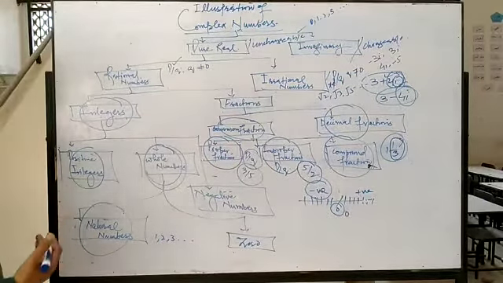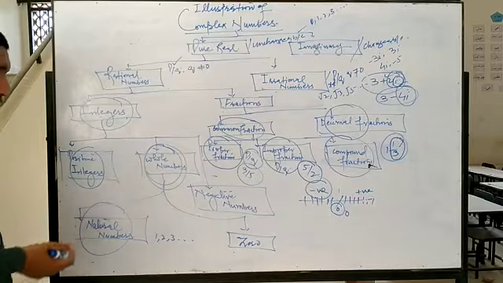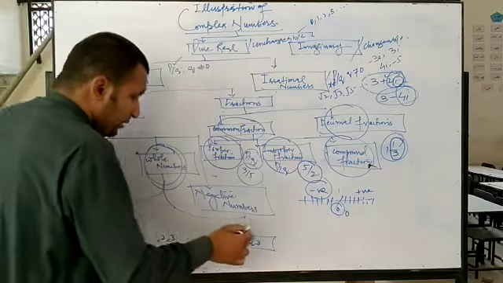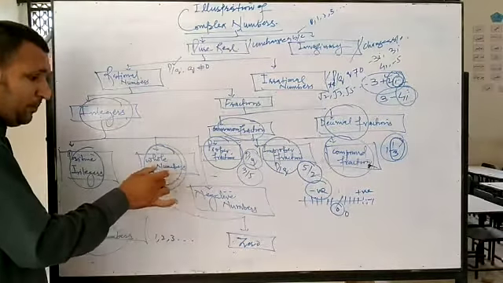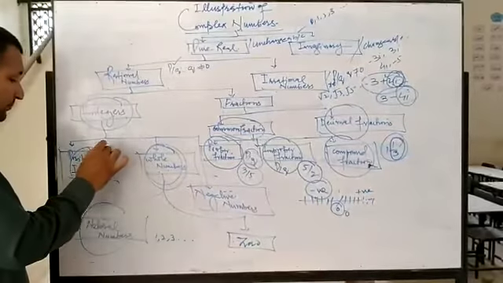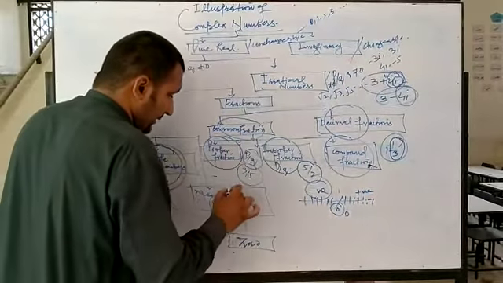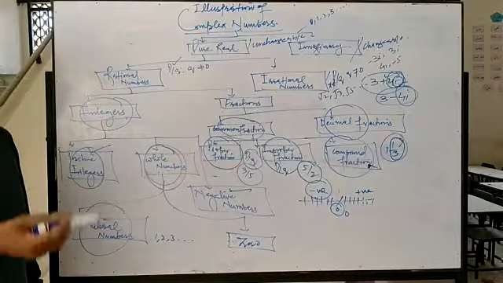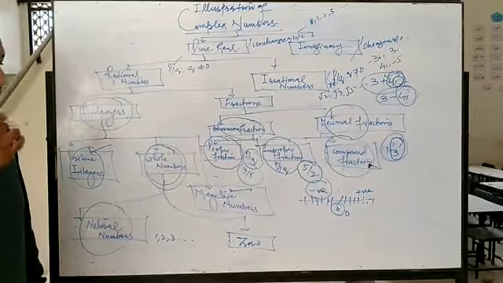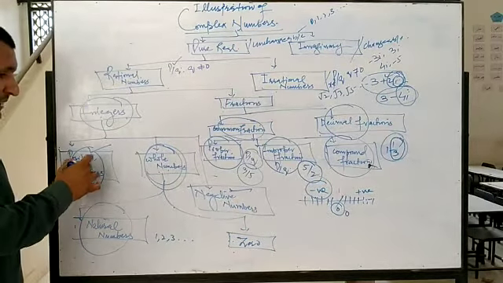And second is 0, which belongs to the whole number. 0 is not positive, 0 is not negative.